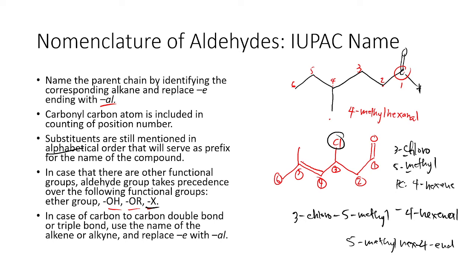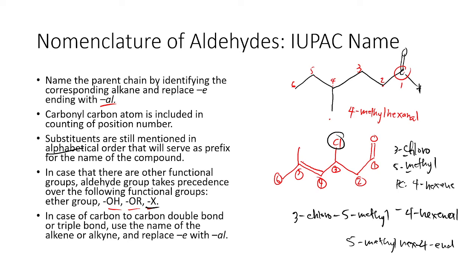Okay. So, sa ibang references, ganyan nila sinusulat yun. So, stick na lang tayo doon sa mas madali, wherein we'll be mentioning the four before the name of the hexene or the double bonded parent chain. Okay? So, that will be the IUPAC system of naming our aldehydes.